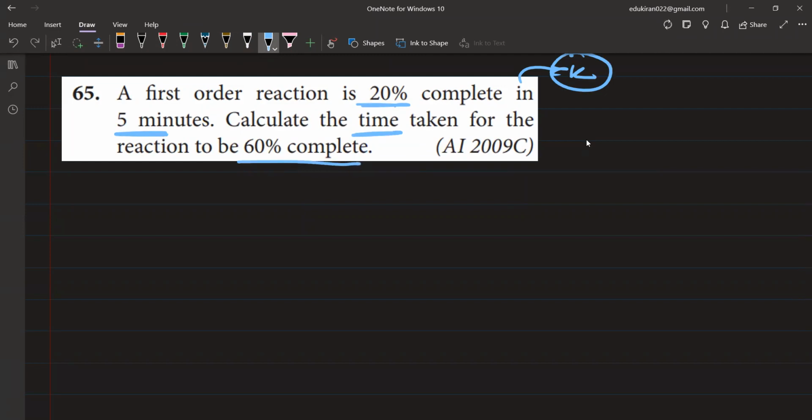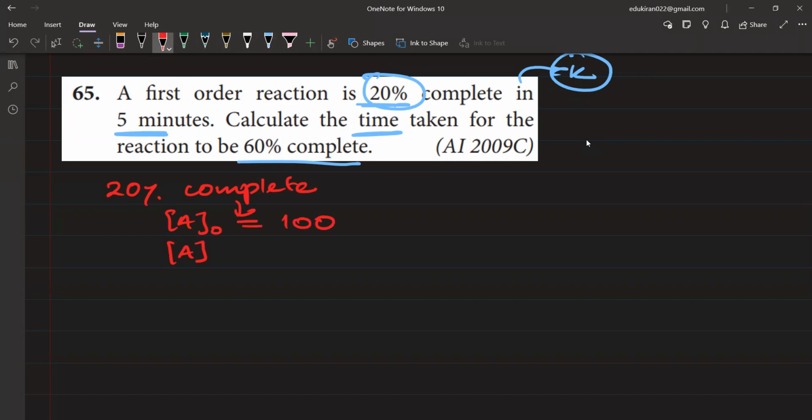So for a first order reaction, write the integrated rate law equation and then calculate the k. In the 20%, what have you got? You have the initial concentration as well as the final concentration, right? So you have to start identifying and noticing these things. When they write 20% complete, what does this mean? It means that my A naught is equal to 100 and A, the remaining portion of my reactant, is 80.